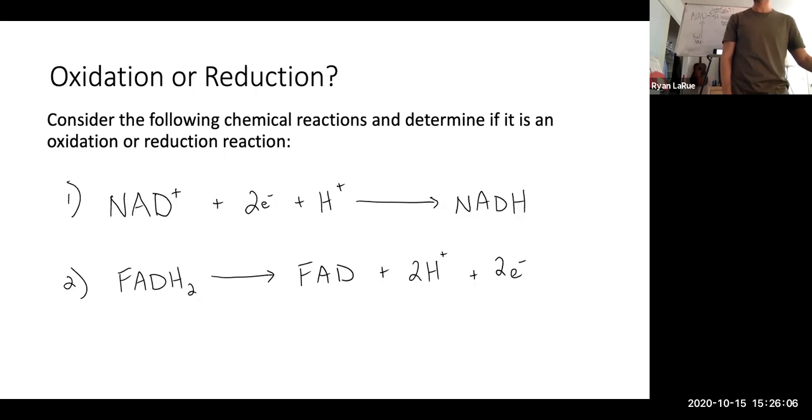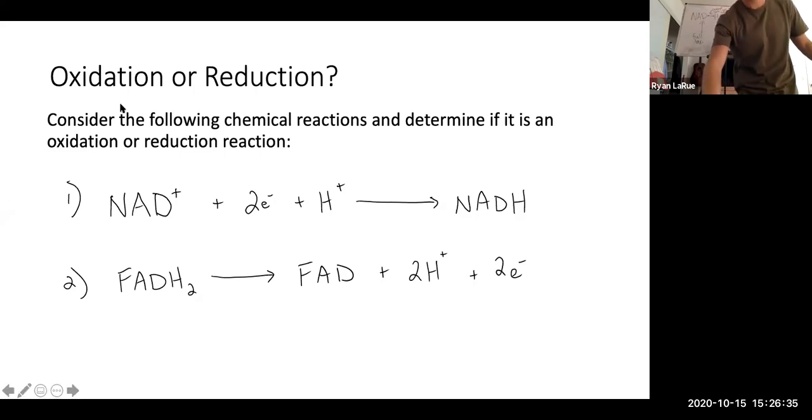Is that oxidizing or reducing? Yeah, it is reduction.